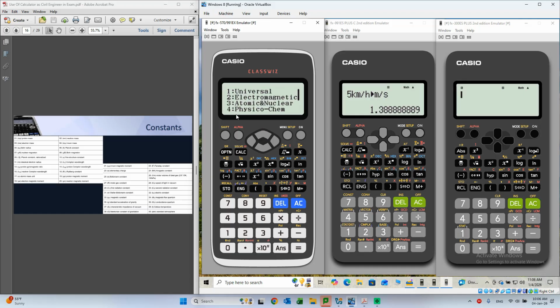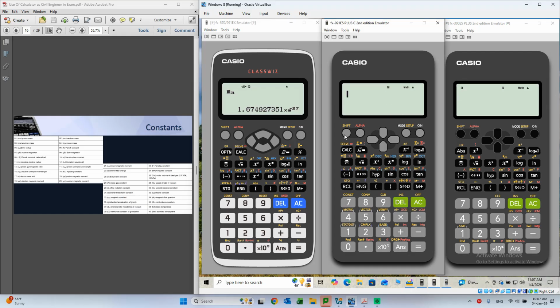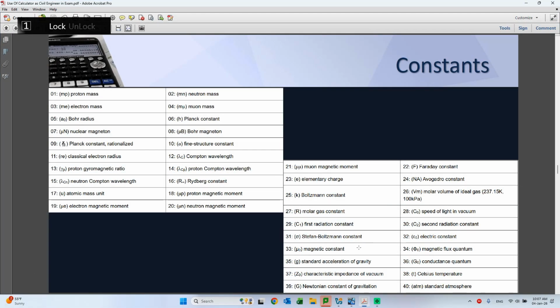I can choose any of them. Some of them are weird symbols, but if I select one, it gives me the number here. For this one, again, you need to have the constant numbers, which are here. So if I want any of those numbers, I need to type those numbers here. Let's see, if I say Avogadro number, where is it?